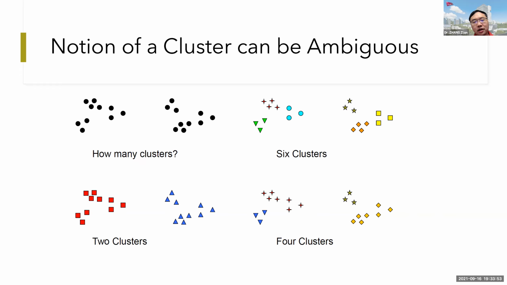It really depends on what kind of measure you would like to consider in doing clustering, or what kind of knowledge or patterns you would like to extract from the data points.